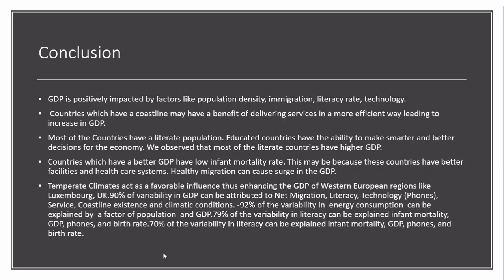We also saw that coastline plays a major impact. Countries which have big coastlines, or the countries which have a coastline for that matter, have a higher impact on their economy, because they are able to do trade and have ports, and there are multiple factors affecting that as well. So having a coastline may affect GDP positively.